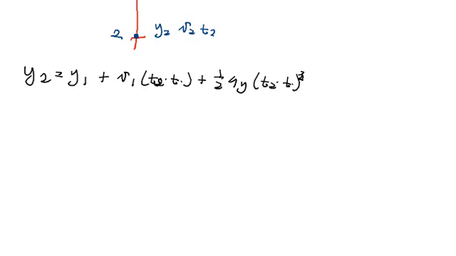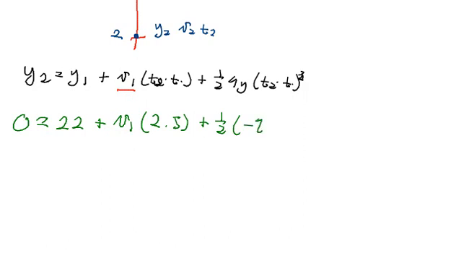Alright, and we've got all the numbers that we need for this expression except the value of the initial velocity, which is what we are trying to find. So we go ahead and substitute. We would have 0 equals 22 plus v1 multiplied by 2.5 plus 1/2 times minus 9.8 times 2.5 quantity squared.